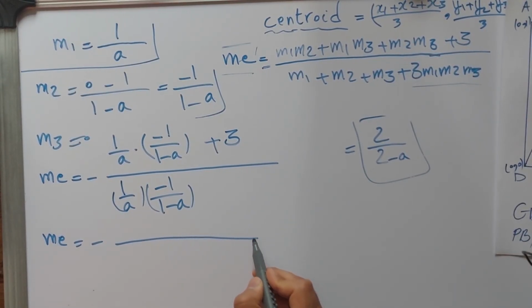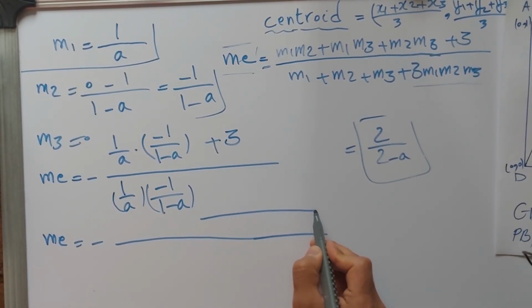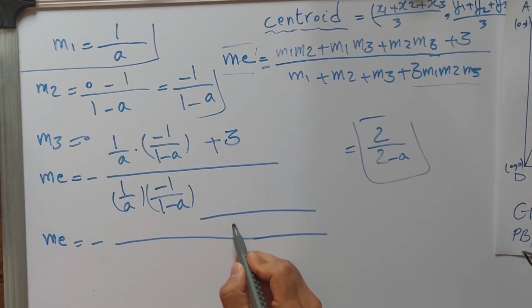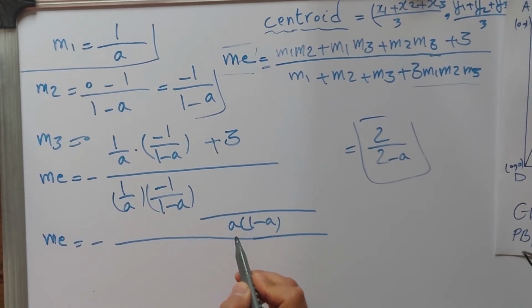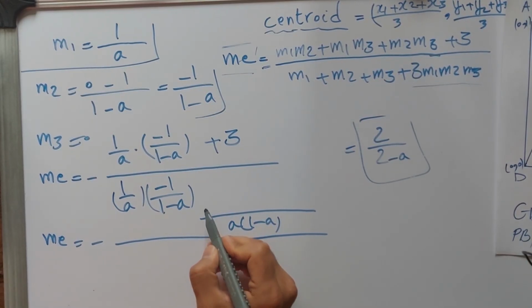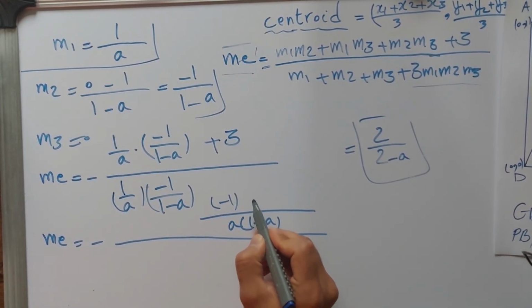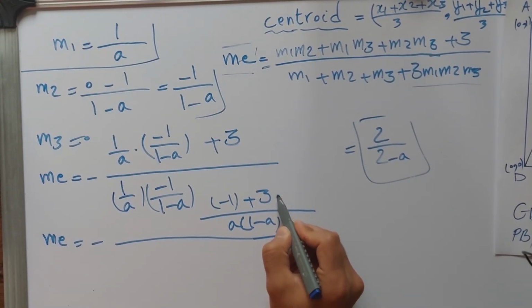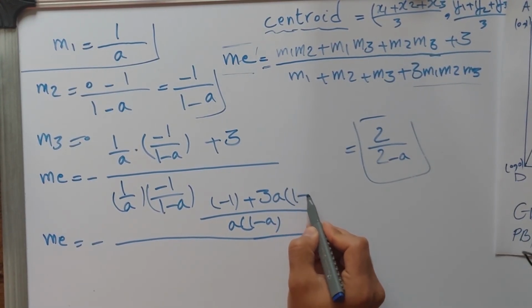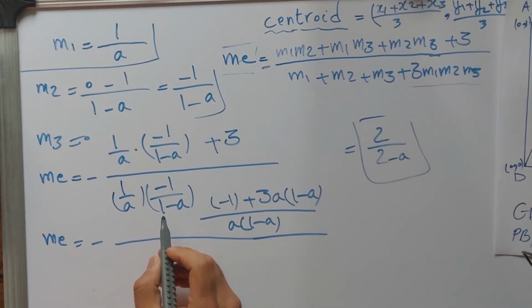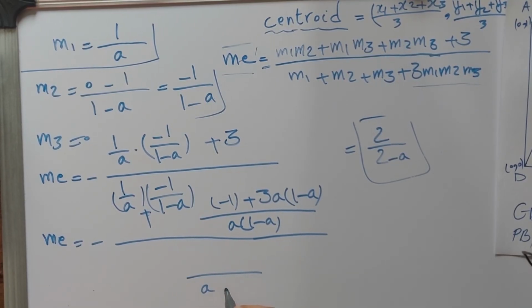So we can say that a times 1 minus a is the common denominator here. So that's minus 1 plus 3 times 3a times 1 minus a over, sorry, this was an addition. So 1, so a, let's find out the common denominator here. So that's 1 times 1 minus a.